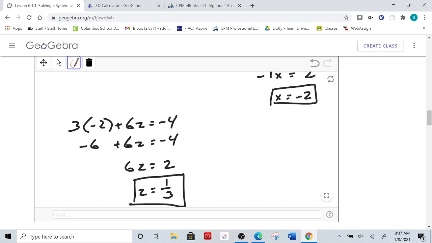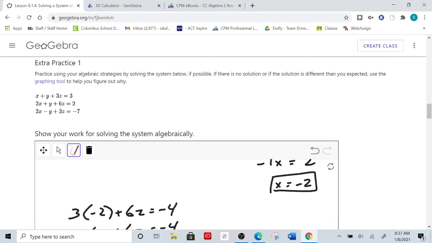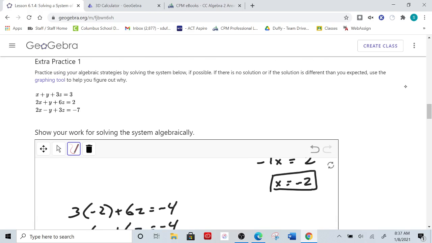Alright, solving for z gives me 1/3. Now I'm going to plug both of those values into one of the original equations. Let's make it the first one. The first one seems to be the simplest.